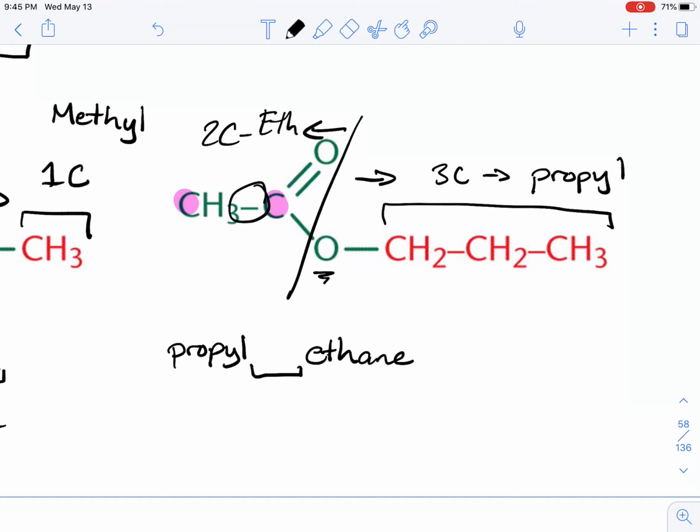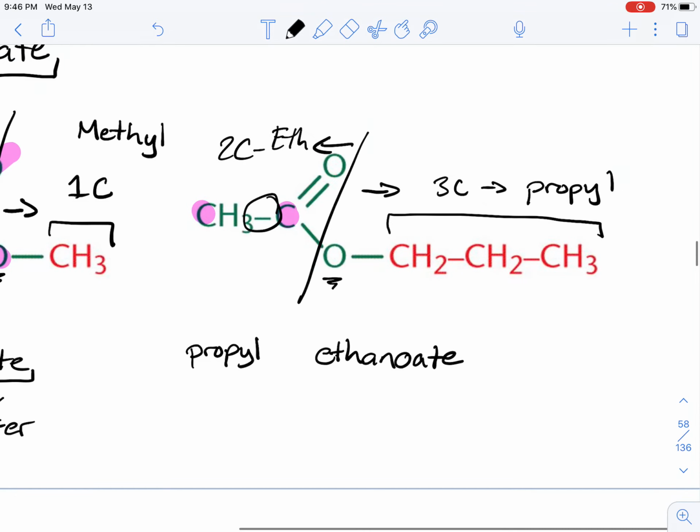And so since this is an ester, I want to erase my E and then add oate. And so this is going to be propyl ethanoate. And so the space is really exaggerated, but I just wanted to make sure you know that there is a space between the substituent and the parent chain.